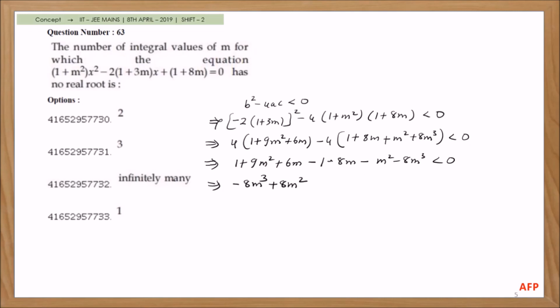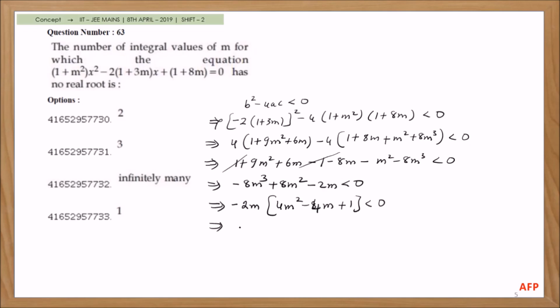Next here 8 and you get minus 2m, and minus 1 plus 1 get cancelled, less than 0. So this implies minus 2m if you take common, 4 times m square minus 4 times m plus 1 less than 0.